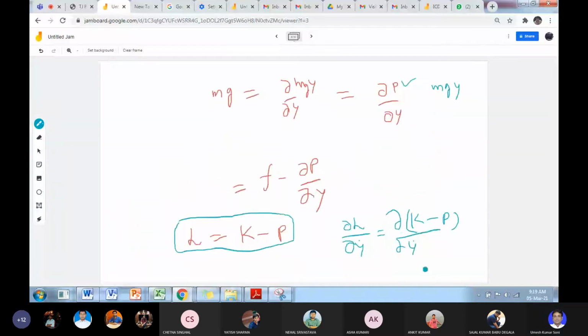So for this you will get some value, but in this term you do not have y dot. So this derivative will be 0, and this will be only del k upon del y dot. Okay, clear?